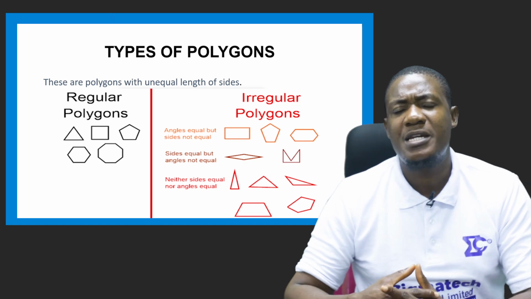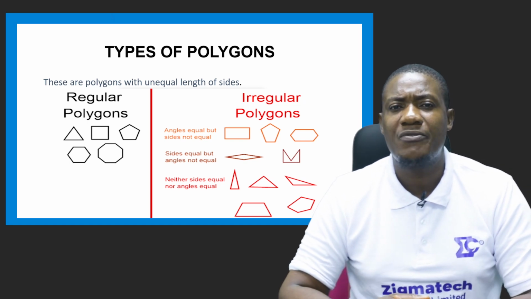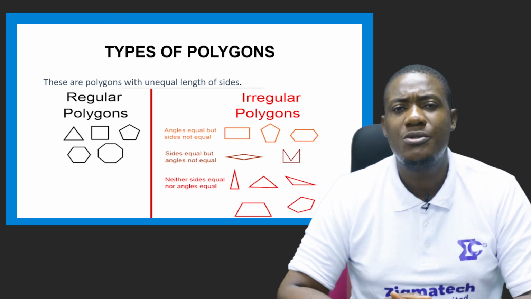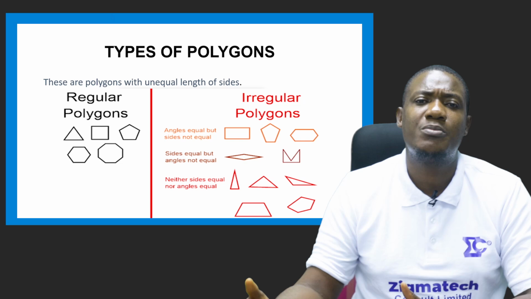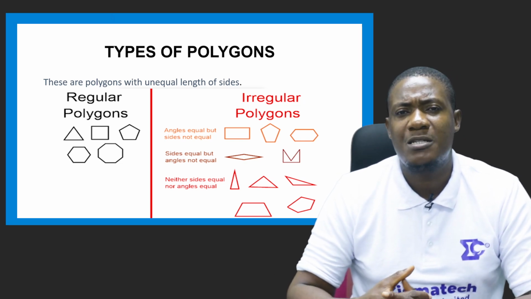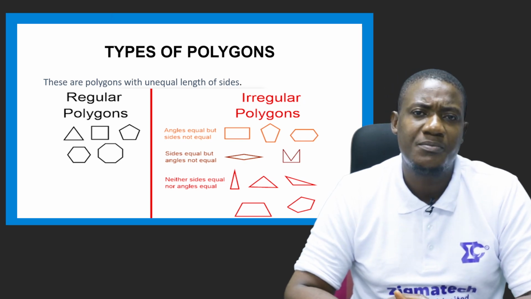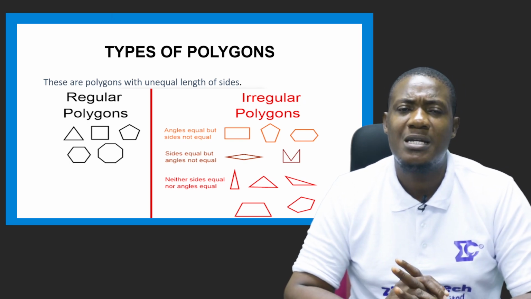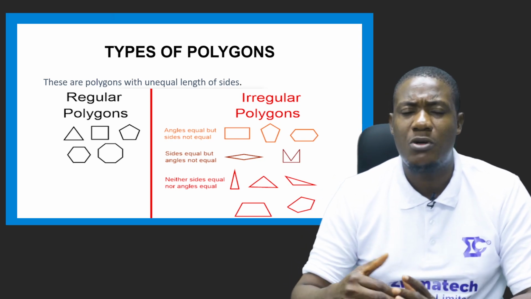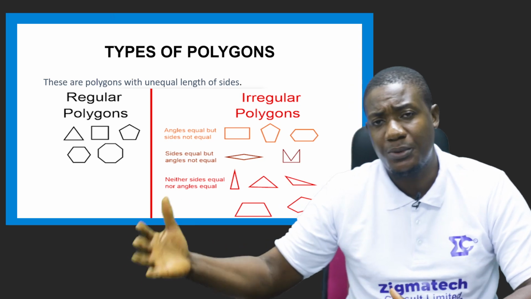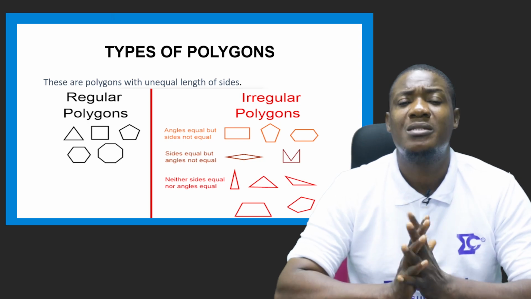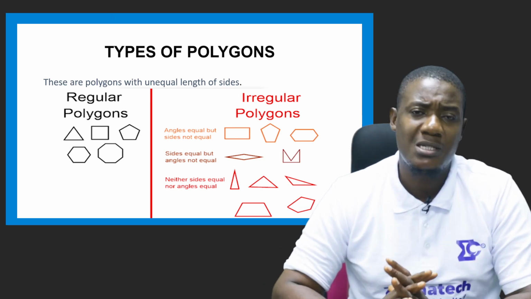Now, we have different names that we give to polygons depending on the number of sides. I'm going to lead you through the first 10 polygons and their names. Of course, they are simple and we can memorize them. All right? Like I said, any shape that is not bounded by more than two line segments, starting from 3 and above, is not a polygon.